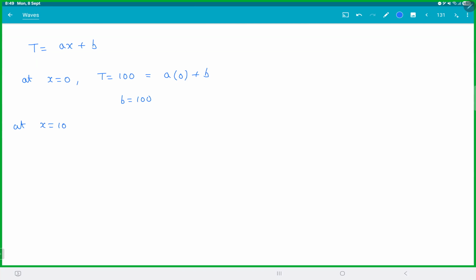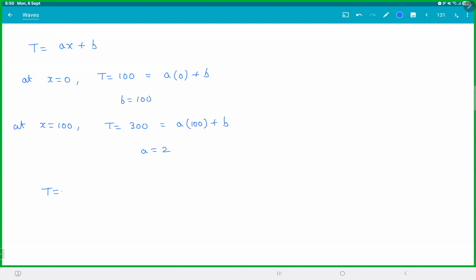At x is equal to 100, this will be 300 into 100 plus B. This comes out to be 2.